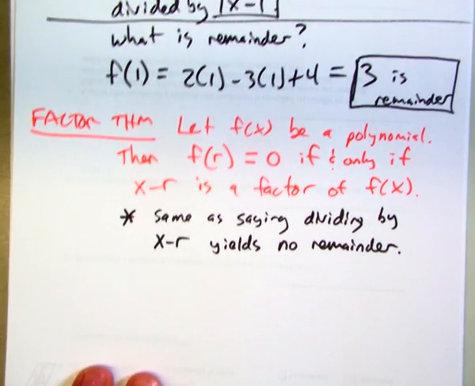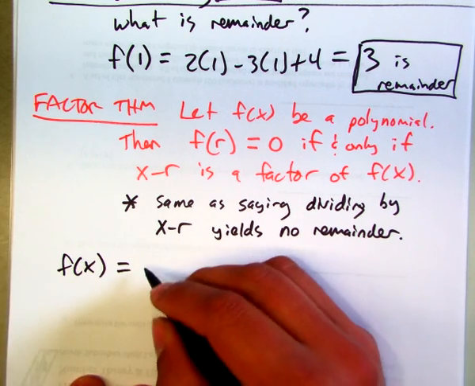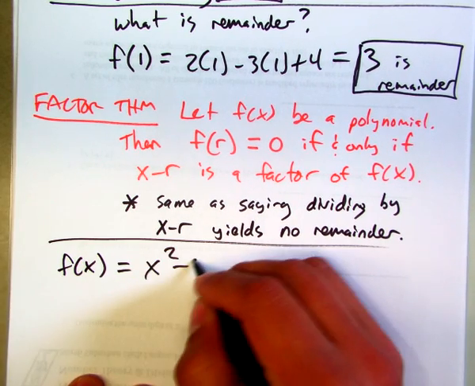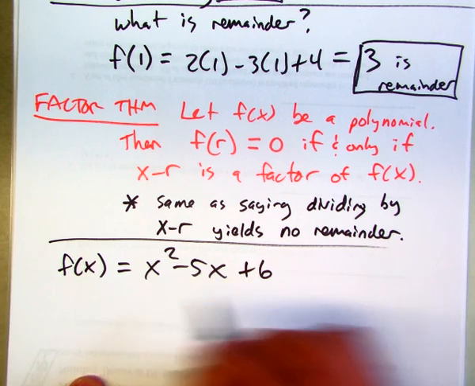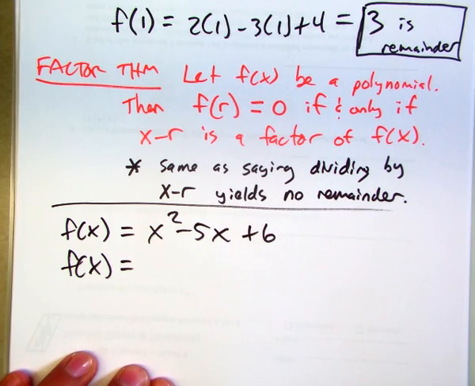Let me show you this way. Let's say f of x equals x squared minus 5x plus 6. You guys know how to factor that, right? What does it factor into?